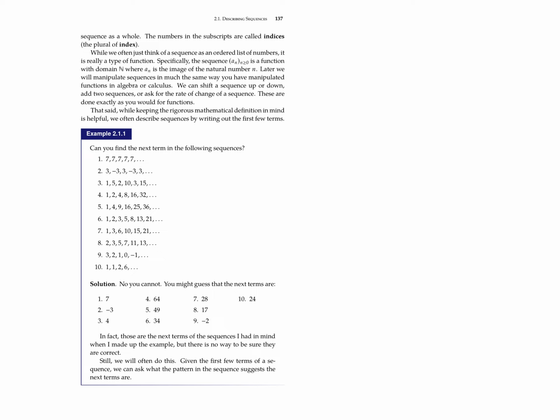The number in the subscript is called the index, and the plural is indices. So if we talk about A2, the 2 is the index of the term, and A represents the sequence that we're working with. Okay, so A2 will be equivalent to what you've used at school as term 2, and maybe in other courses as well. So it's important that we know that.